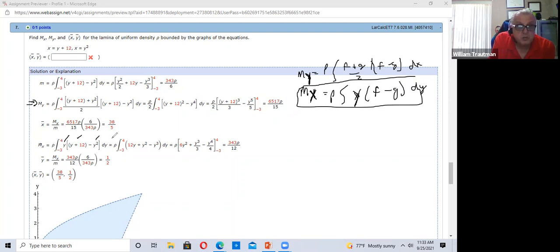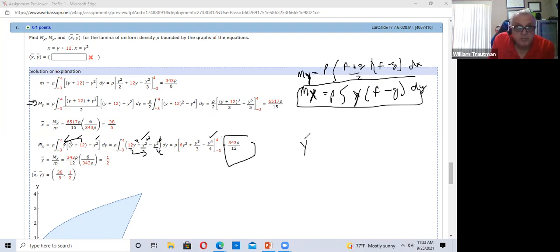So they go through the whole process, distributing, combining like terms. This is what we ended up with. Then you integrate, add 1 divided by 2, add 1 divided by 3, add 1 divided by 4, and then plug the numbers in and get this.